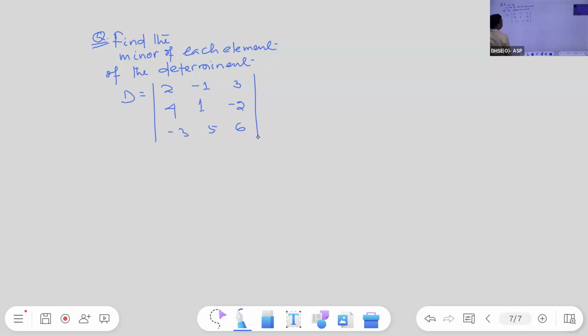Okay. Find the minor of each element and send me the answer through the chat box.